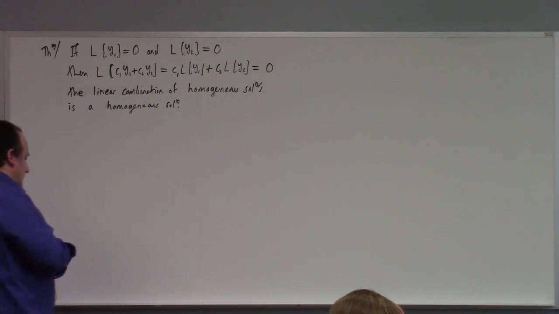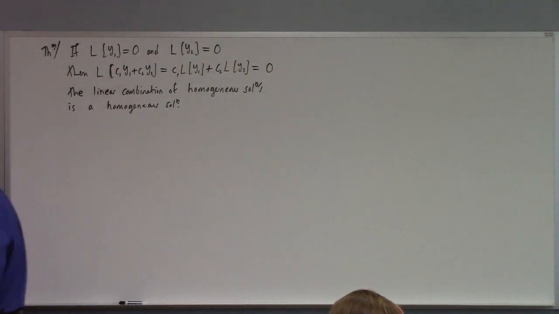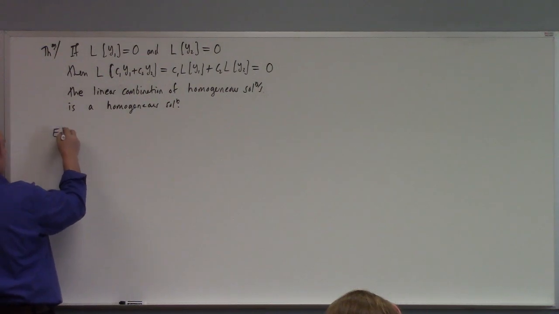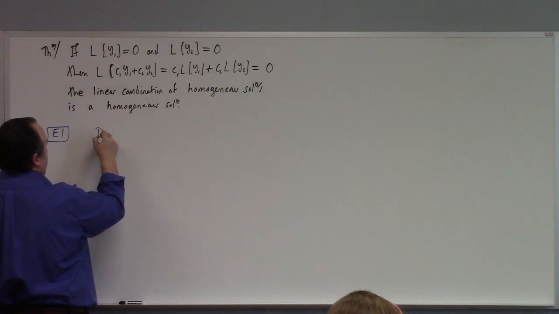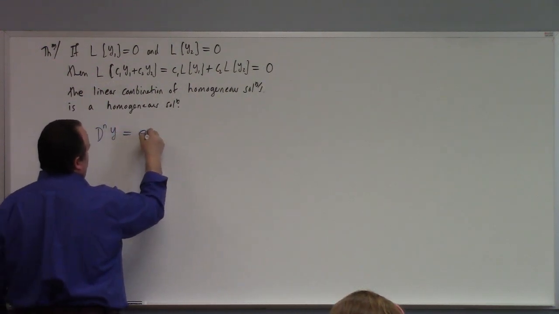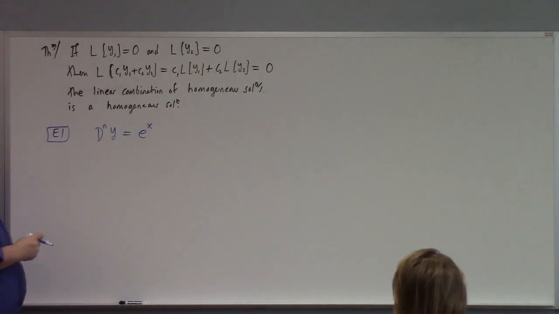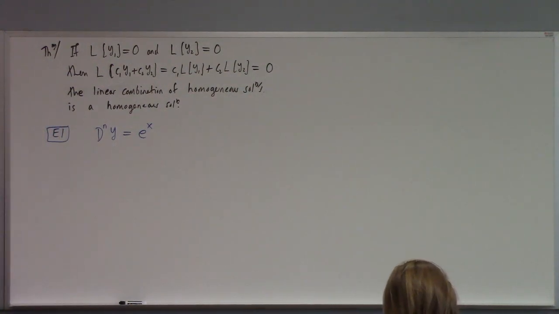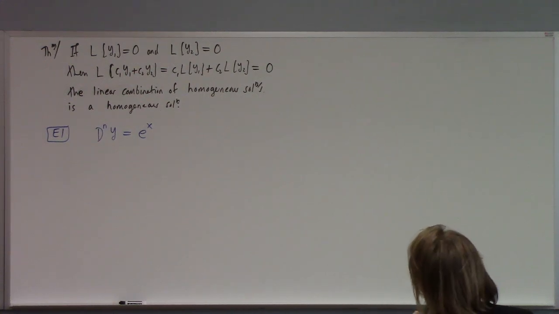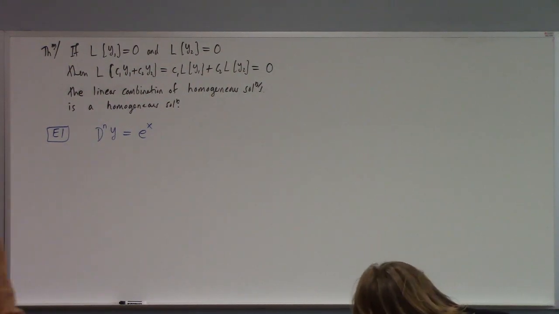I suppose before I get too far into the theory, it would probably be helpful for me just to give you an example. So here's a simple example that we can all solve together. Suppose you're calculating the nth derivative of y equals e to the x. Can we solve this differential equation? It is an nth order differential equation, so what's the solution?